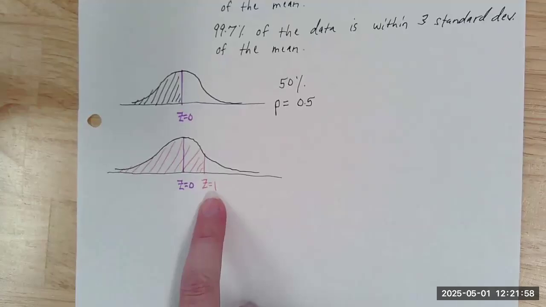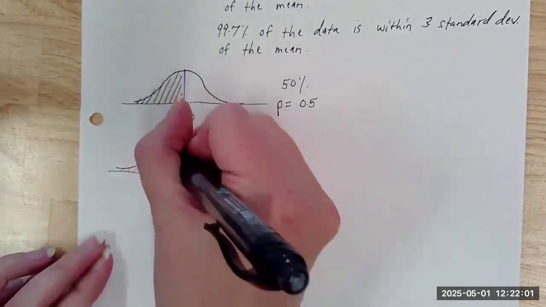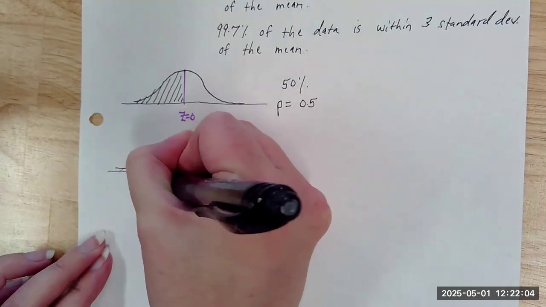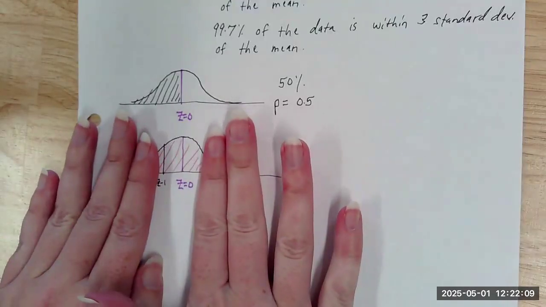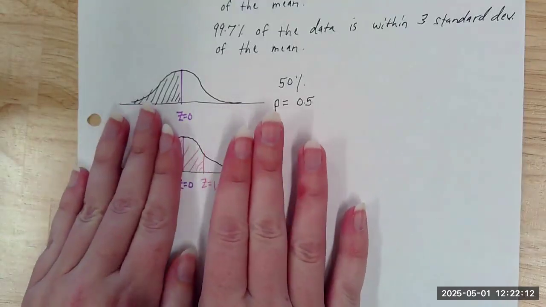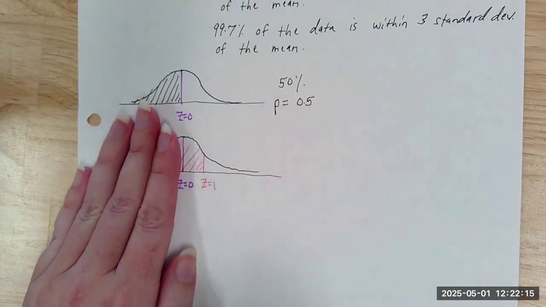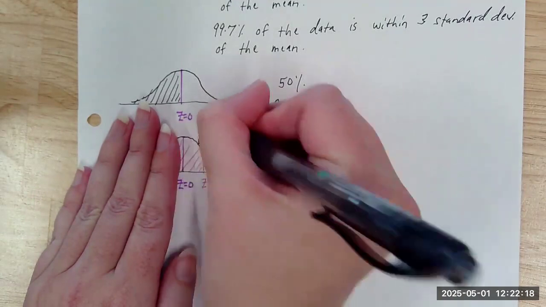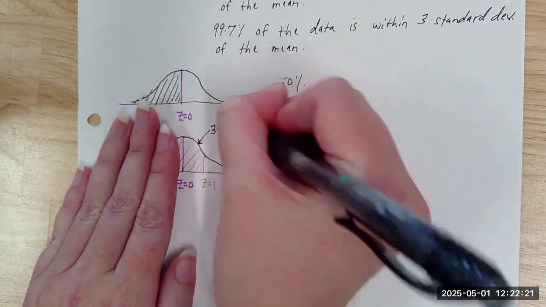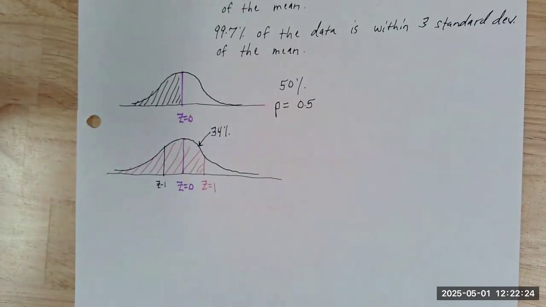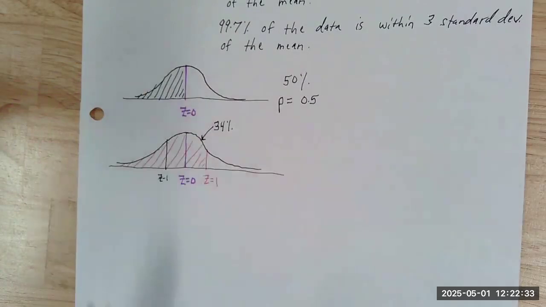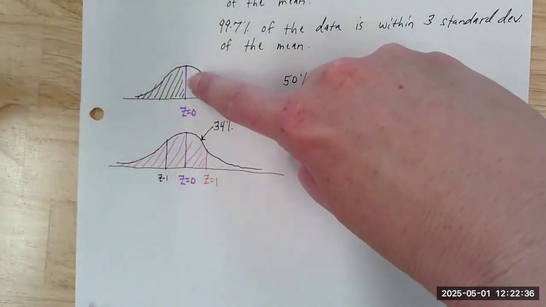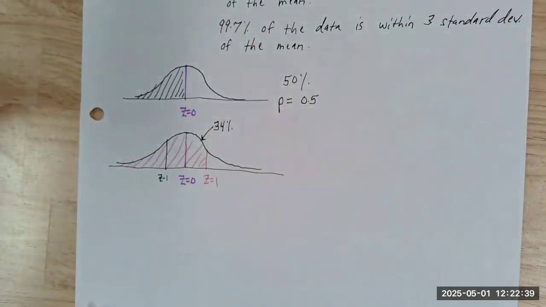Okay, so based on the empirical rule, we know that from z is equal to -1 up to z is equal to +1, between here and here is 68%. But if I wanted just half of that region, we had said before that this is 34%. So this piece right here is 34% because 68% would be between z is equal to -1 and z is equal to +1. So if I'm asking you how far it is from this tail filled into z is equal to 1, I can take the 50% we just calculated if we go halfway across, and add on the 34%.